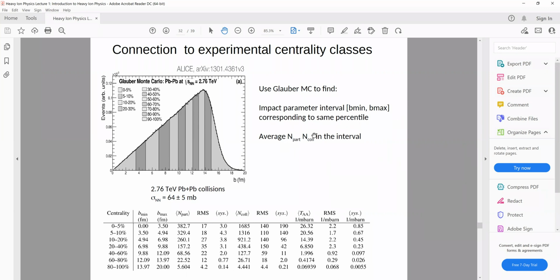In that b_min to b_max interval, you calculate the average N_part. This is one example from what has been used by the ALICE experiment, in the ALICE data papers on 2.76 TeV lead collisions. There they use a value of sigma_n of 64 mb plus or minus 5 mb. Here are the values of b_min and b_max, the average N_part, and the RMS and the systematic errors in these calculations.